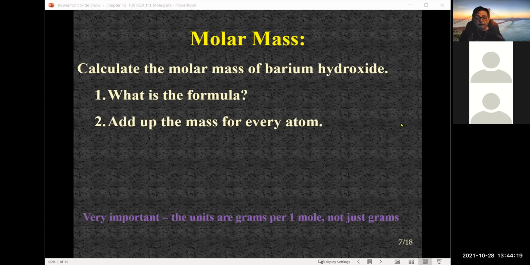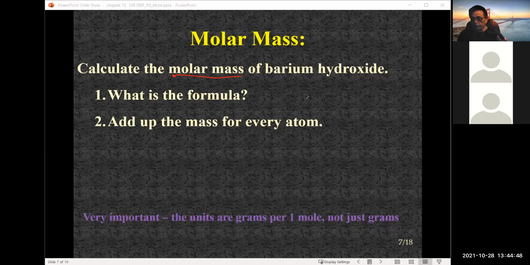We first break it down into ions, put it together with the correct number of units so that all the positive and negatives cancel out. Once we know which elements are involved, then we look up the atomic weights and add up the mass for each of the atoms that contribute to the structure. So the first thing we're going to do is write the formula. So they're asking here, calculate the molar mass.